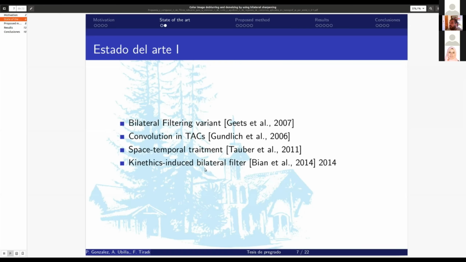Okay. And finally, Bian et al. produced a variant of the bilateral filtering by taking into consideration the kinetic information.